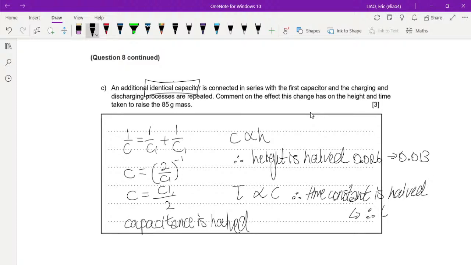Therefore, half the time. Would it take longer? No, just to be sure.